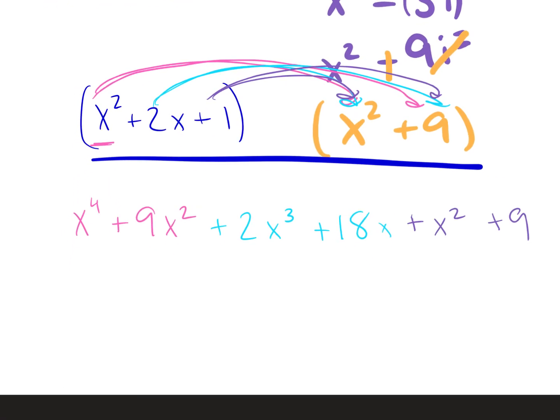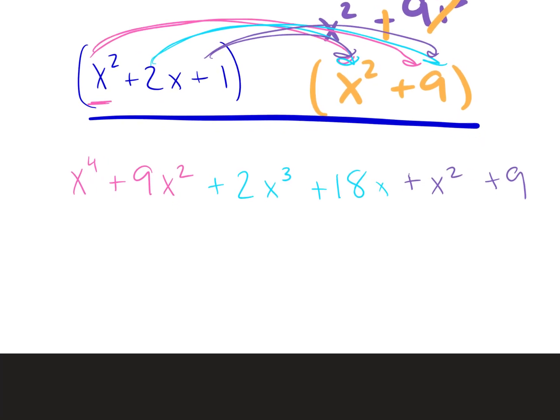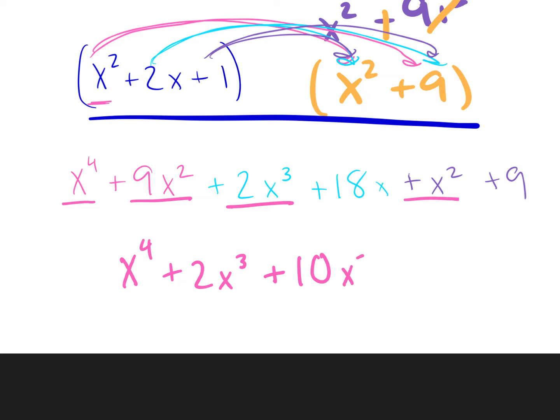And then from here, what can I do? Combine like terms. So I can start with my x to the 4th power. Then I have an x cubed, so plus 2x cubed. Then I have 9x squared plus x squared, which would be what? 10x squared.